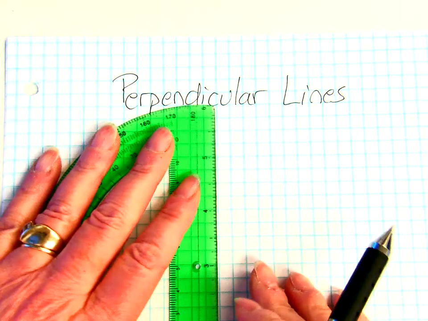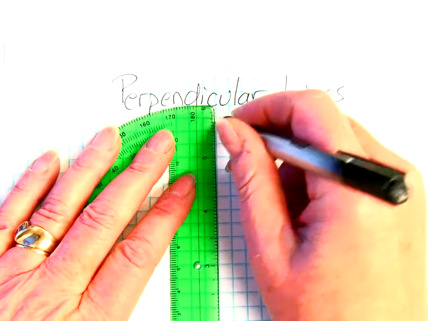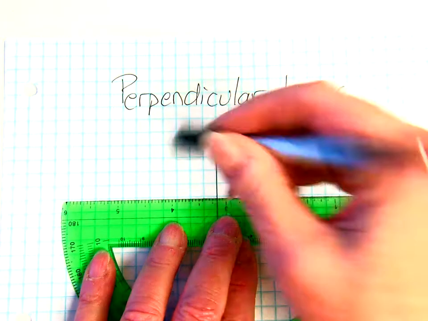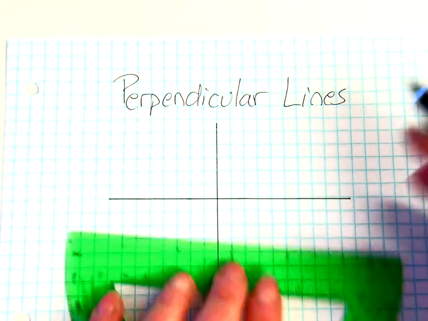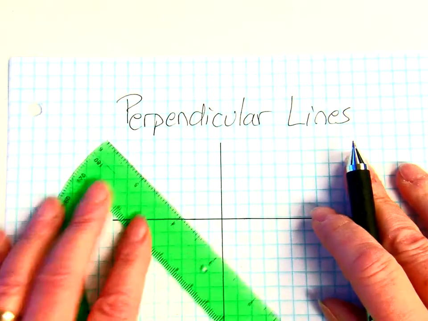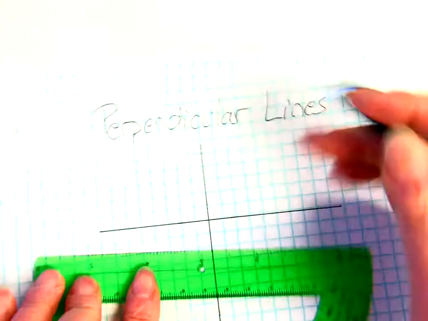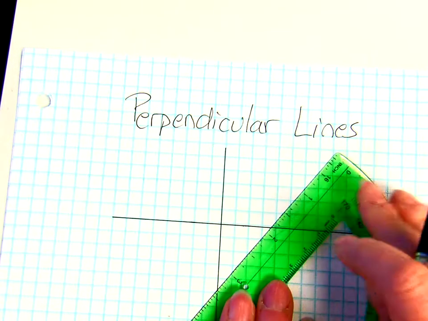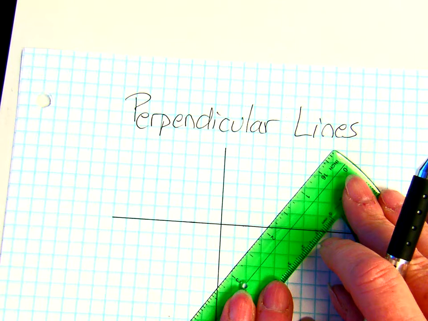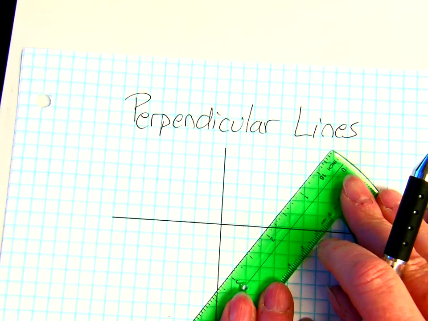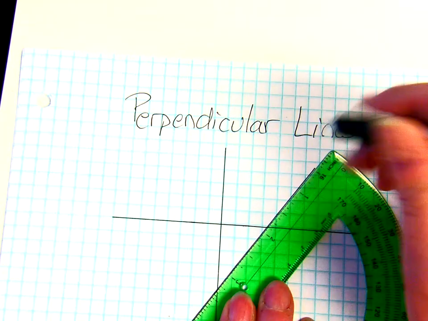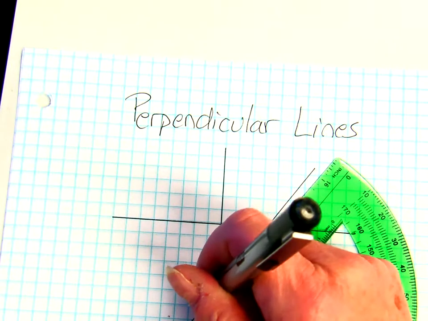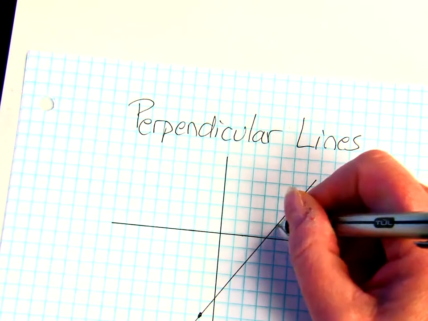When we look at perpendicular lines, there is a special way of quite simply getting the perpendicular line. Let's start with this line. We have a couple of points, this one and this point.